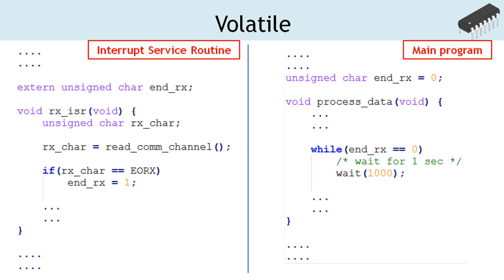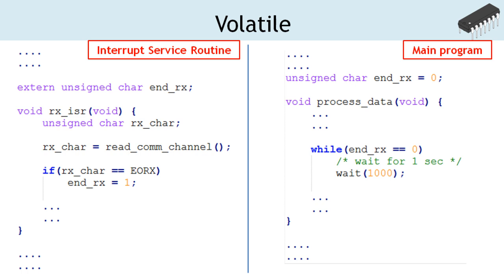The interrupt service routine reads the EORX character and sets the variable end_rx to 1. The function process_data waits for the variable end_rx to be 1 before processing the received data.